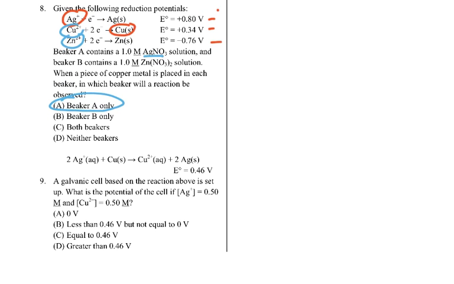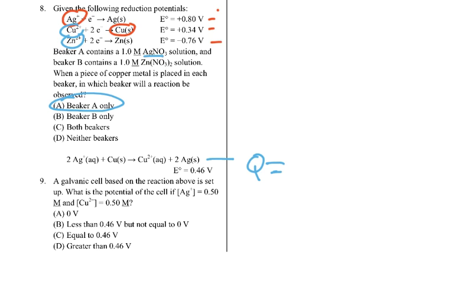Number 9, a galvanic cell based on the reaction above is set up. What's the potential of the cell if silver is 0.5 and copper is 0.5? So here's our reaction. And if we want to figure out what's the cell potential, then we need to look at Q. Now Q, remember, is just the equilibrium expression.